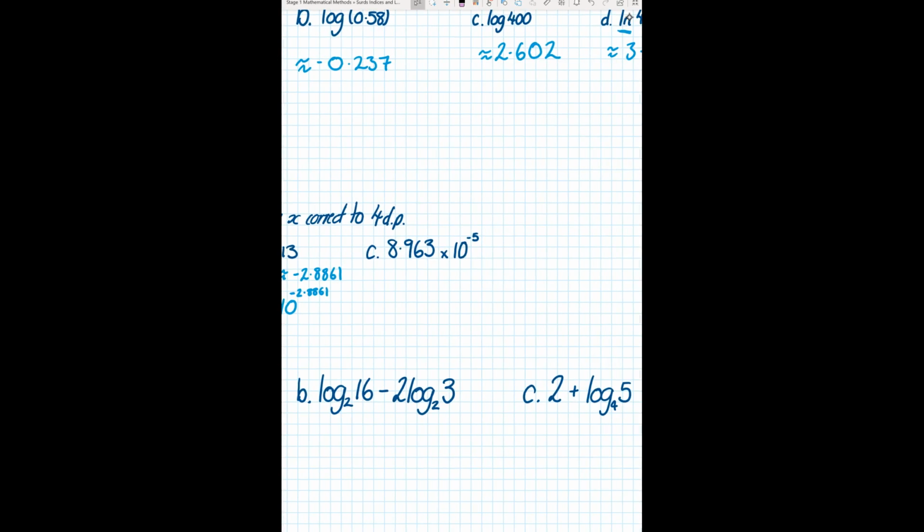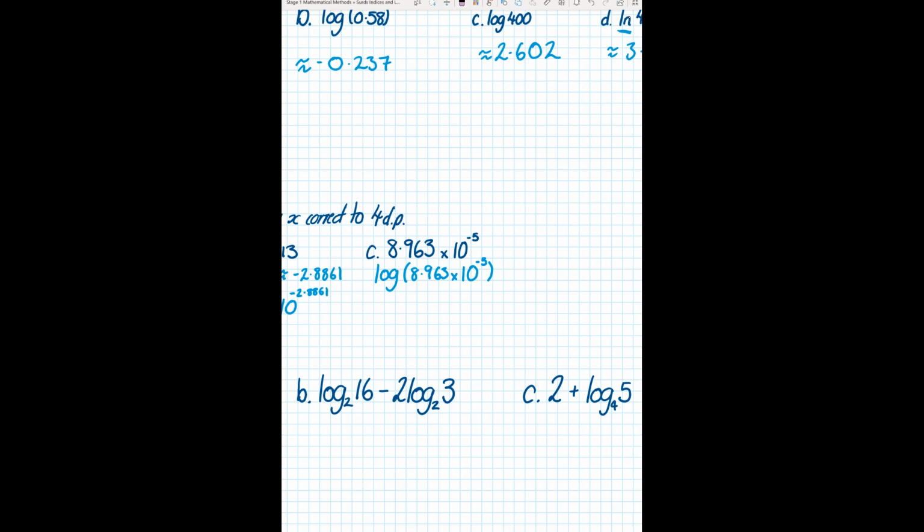Now 8.963 times 10 to the minus 5. We do the same thing. Now when you put this into your calculator, make sure that you are getting 8.963 multiplied. Then you put your 10 to the x key in and use your negative key and then the 5, and then do your right arrow key so that you can do your final bracket.